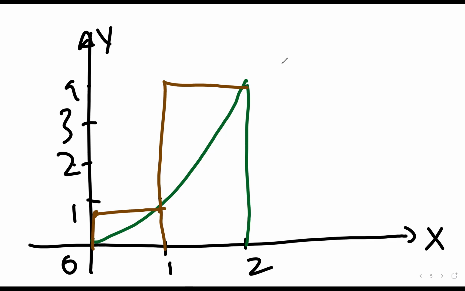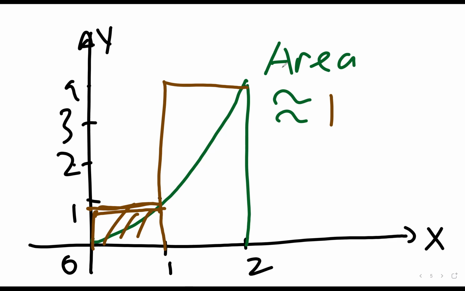So the area, the green one, is approximately the sum of the area of the rectangles here. What is the area of the first rectangle? It is 1, right? And then the area of the second rectangle, 1 multiplied by 4. So the area is approximately 5.